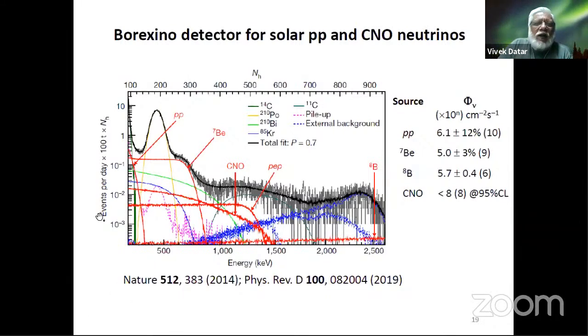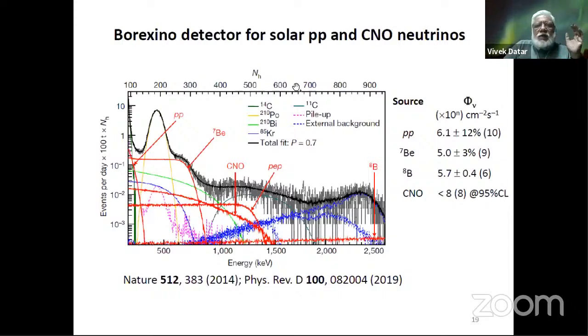And so, what is plotted here is the events per 100 tons of the scintillator. On this axis is the energy plot of the electrons that you see, whereas here is the number of photoelectrons, because the scintillator is viewed by photomultiplier tubes, and you actually look at photoelectrons. You can get it down to single photoelectron sensitivity, and so what is plotted here is the number of photoelectrons that you see.